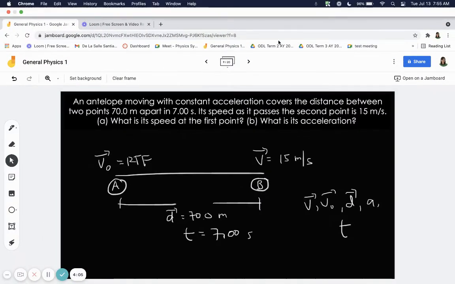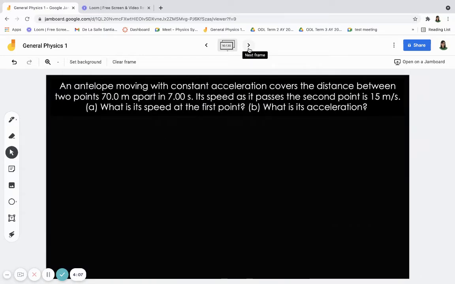Okay, so for our choice of equation, that should be d equals initial velocity plus final velocity divided by 2 times time. Okay, now, we have to isolate initial velocity in this equation because that's what we are solving for.